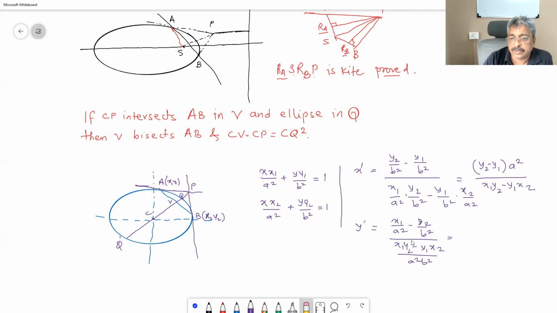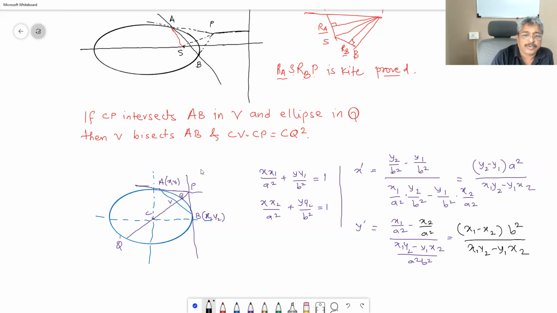This simplifies to x1 minus x2, A square gets cancelled, B square divided by x1 y2 minus y1 x2. So this is x dash comma y dash.